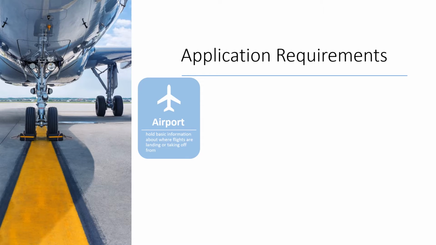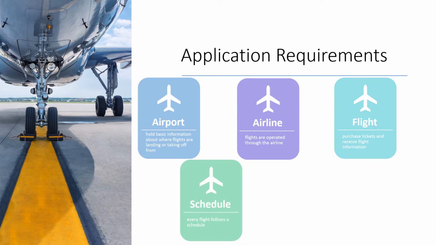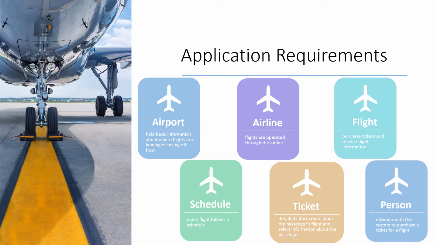Our database will need an airport entity to hold the basic information about where flights are landing or taking off from, an airline entity to claim certain flights under their operation, a flight entity to represent the information required for the user to purchase a ticket and receive flight information, a schedule entity to hold the takeoff and landing information for a flight, a ticket entity that contains the detailed information about the user's flight and select information about the user, and lastly, a person entity that represents the user and their information that is required to correctly book a flight.